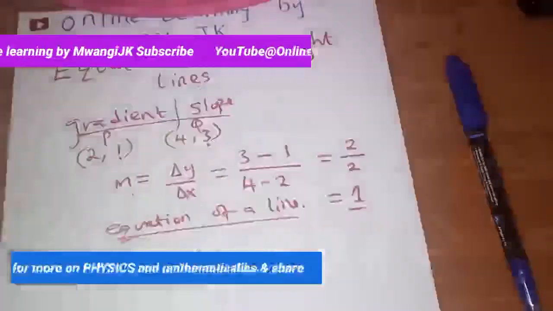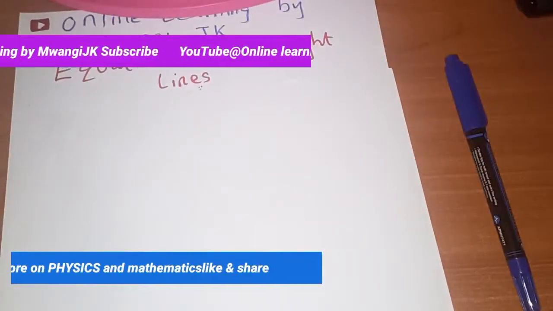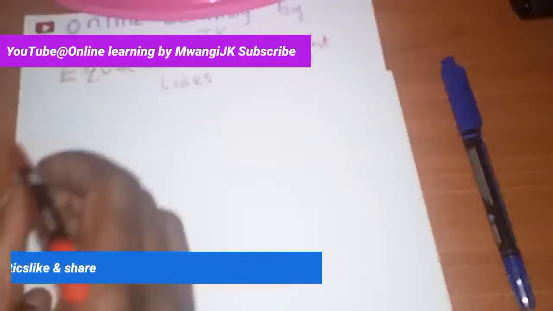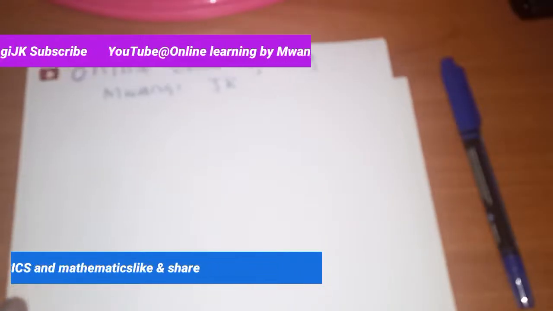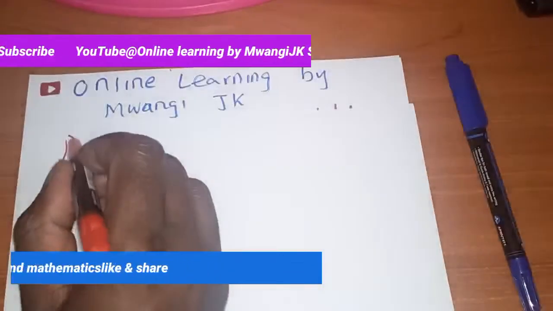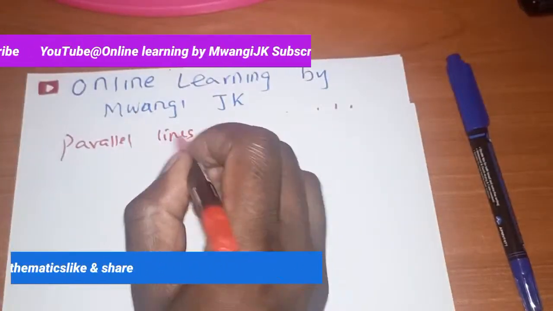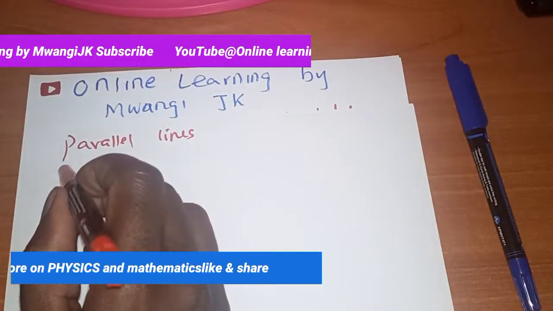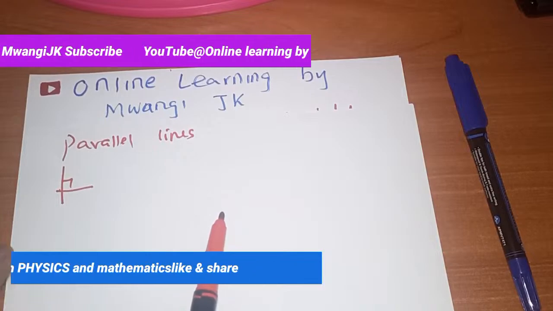Then having done that, there are a few other things we talk about under this part. We talk about parallel lines, and we also talk about perpendicular lines. Perpendicular lines make an angle of 90 degrees.